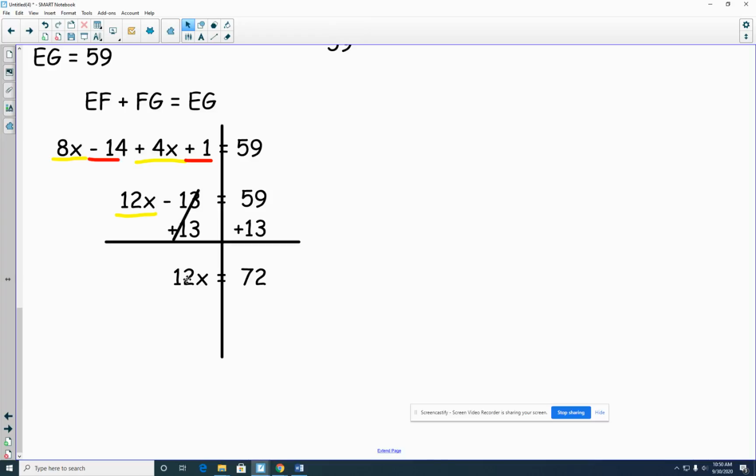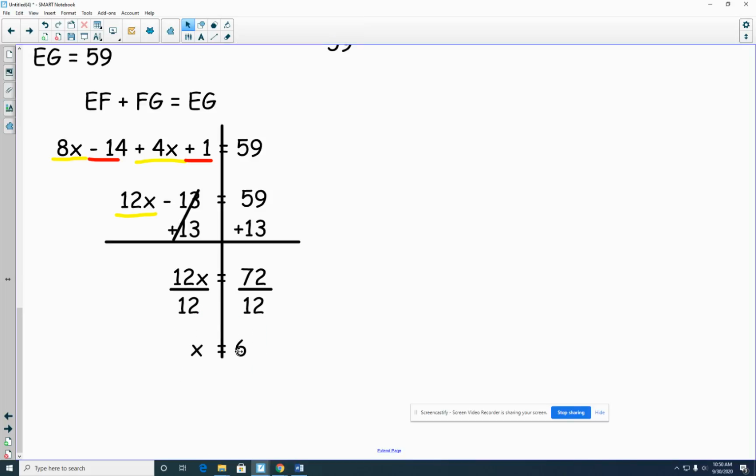No, it has a coefficient of 12. So to get x by itself, 12 and x are being multiplied, so let's divide by 12. Remember, whatever you do to one side, you have to do to the other. So I have to divide this side by 12, and I must divide this side by 12. So at the end, 12 divided by 12 is just 1, and x then equals 6.